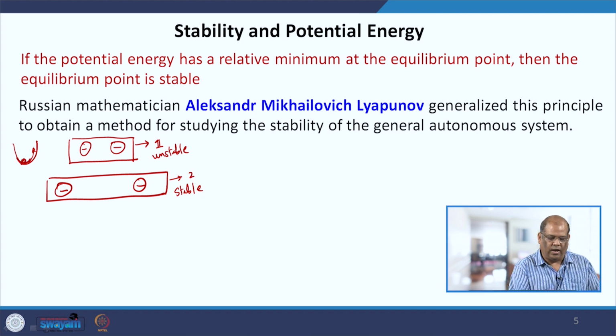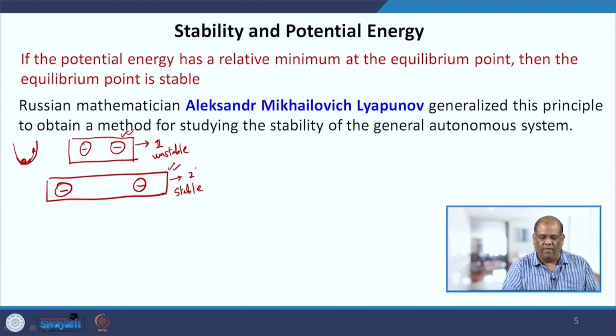Nature wants that if you drop a particle from here, it will settle down here. In a similar manner, if you keep these 2 particles as an initial condition, and after some time I move it here, they moved apart, which is obvious because you have 2 negative electrons. So, for nature this is more convenient than this one, and hence we say that system 2 is more stable than system 1.